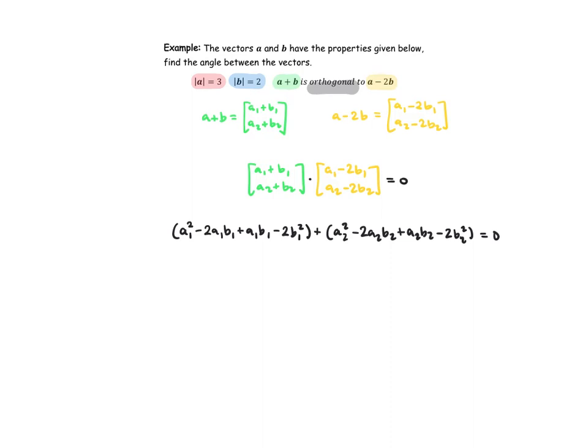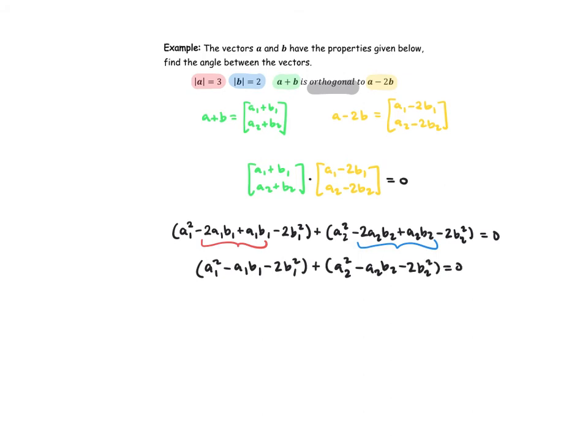Now I'm going to compress the like terms to give me A1 squared minus A1B1 minus 2B1 squared plus A2 squared minus A2B2 minus 2B2 squared.